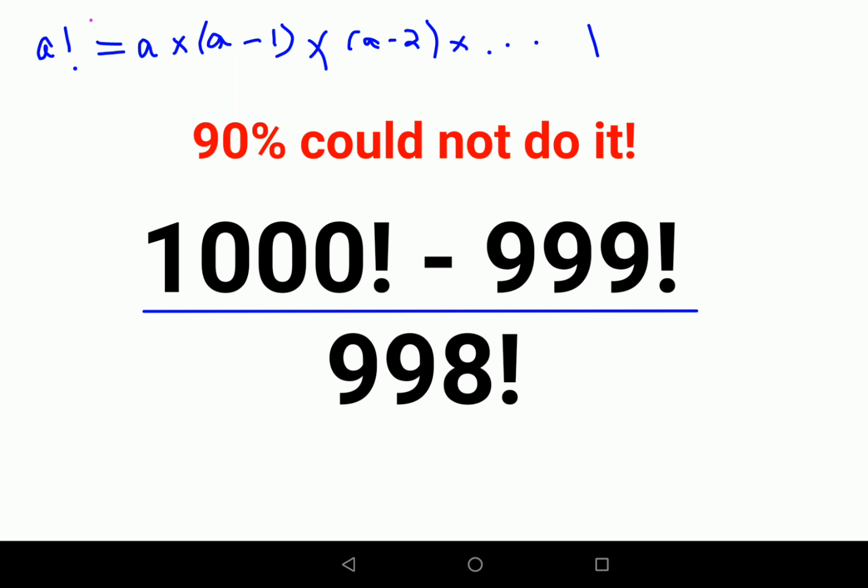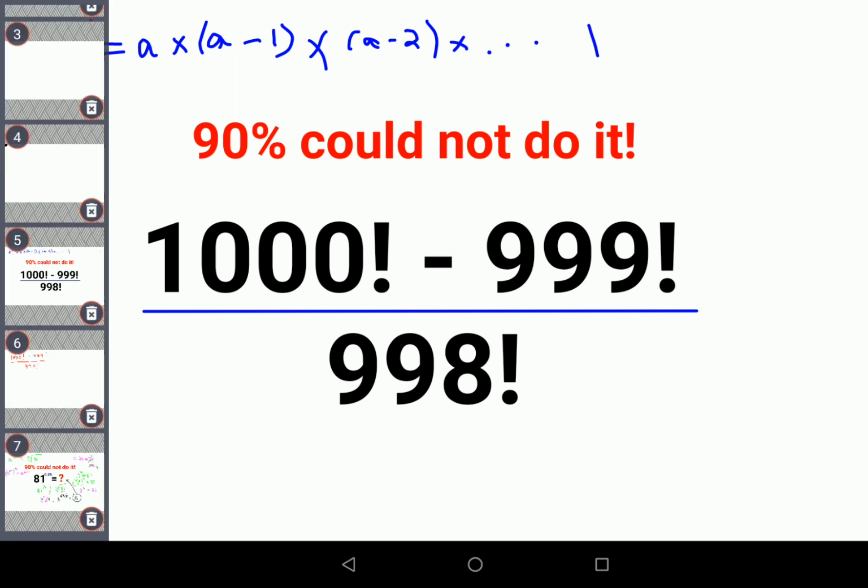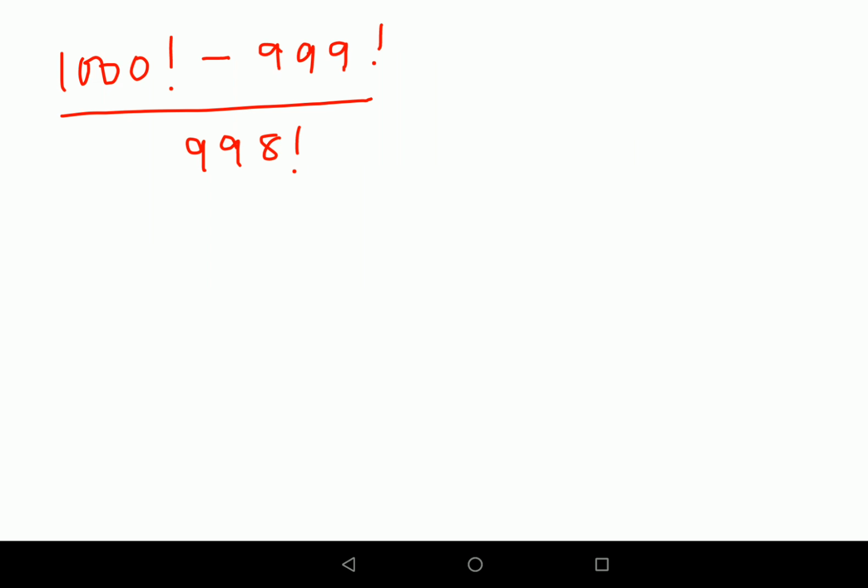So basically what we are trying to do is this 1000 factorial. Let's understand how we will do 1000 factorial. 1000 factorial will be what? Sorry, it will be starting from 1000. So 1000 into 999 into 998, going on up to into 1.